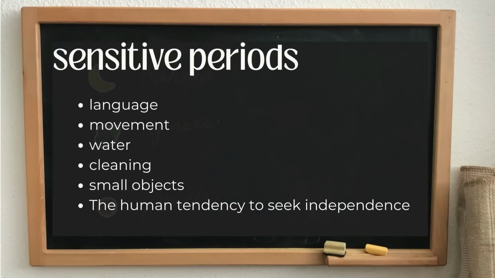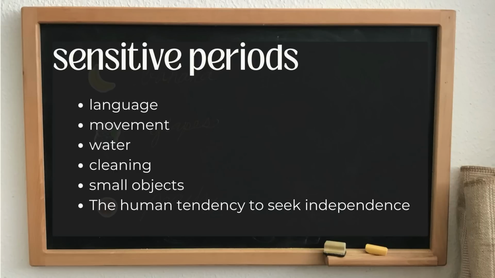Water is to explore water and then using water purposefully through pouring and cleaning. Cleaning on its own can be a sensitive period, and especially using tools to clean, such as mops and brooms and spray bottles. Next is the sensitive period for small objects, which is a fascinating sensitive period in the child's nature, which attracts them to tiny things and tiny details in order for them to train their fine motor skills.